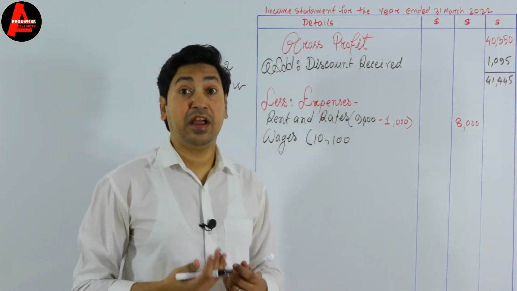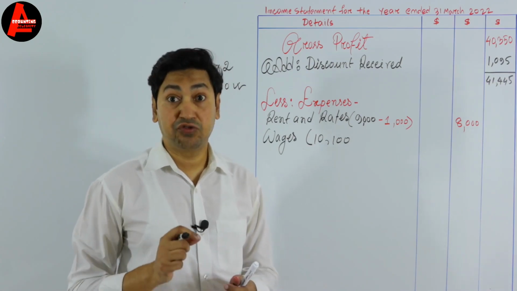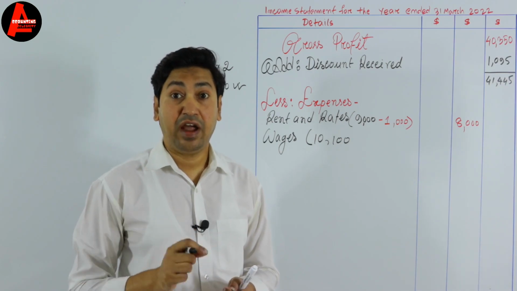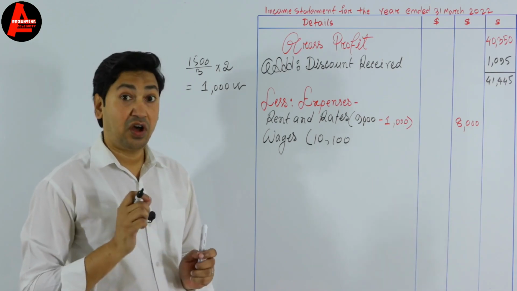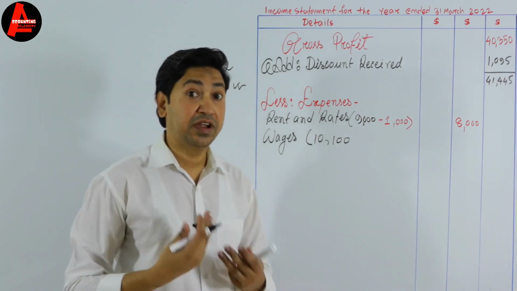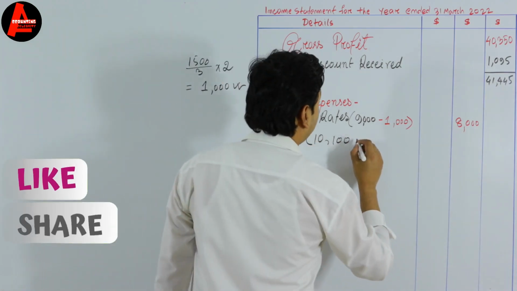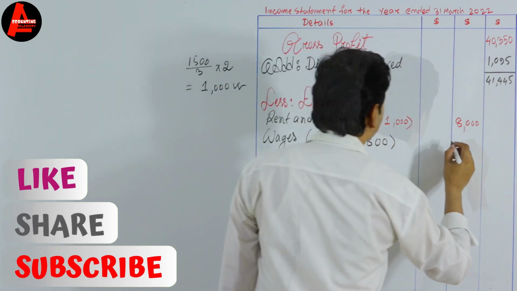Accrued, unpaid, arrears, outstanding, due, owing. If you see these 6 words, you will think that you need to add this amount with the relevant expense. Okay, these all 6 words mean the same, but at different times you will get different terms. Okay, so here we have to add $800.